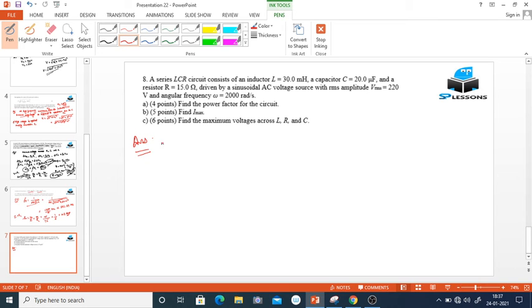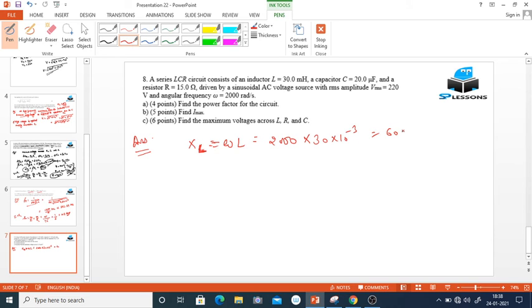First of all, we can find XL, which is equal to omega multiplied by L. Omega is given as 2000, so 2000 multiplied by L. L is given as 30 milli, meaning 10 to the power minus 3.